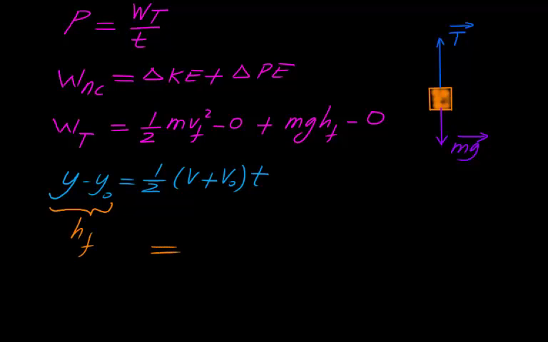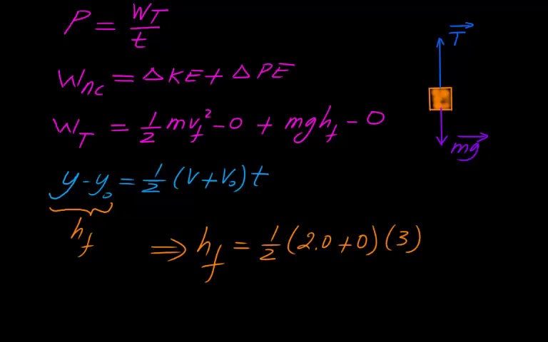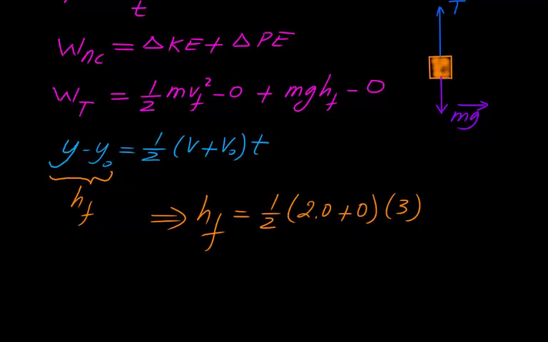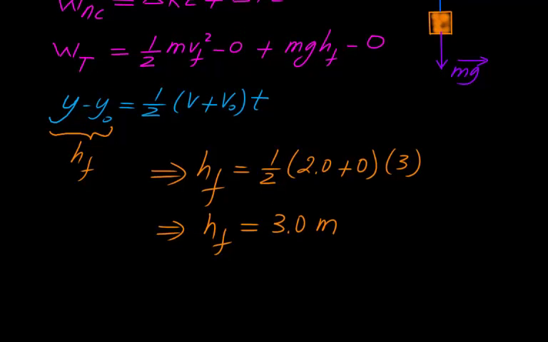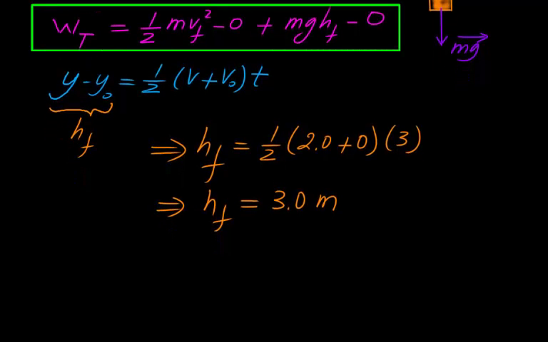Therefore, solving for h is going to equal 1/2 times the final velocity, which is 2 meters per second, plus the initial velocity, which is 0, times the time t, which is 3 seconds. This allows us to solve for the height h to equal 3.0 meters.